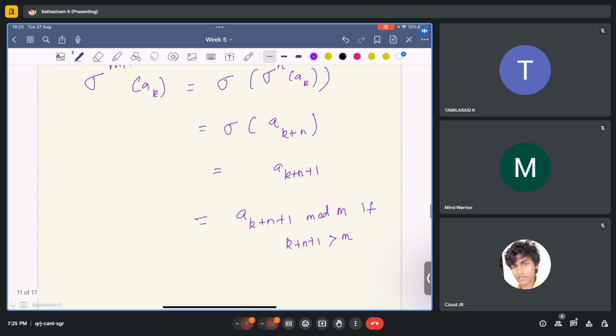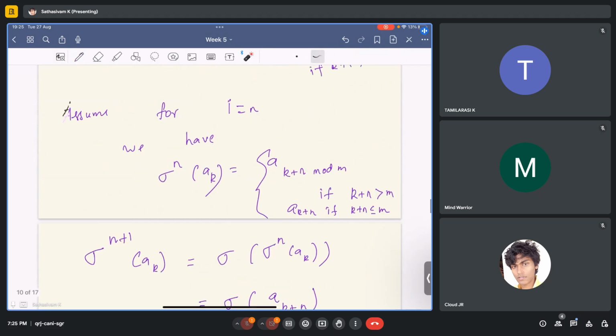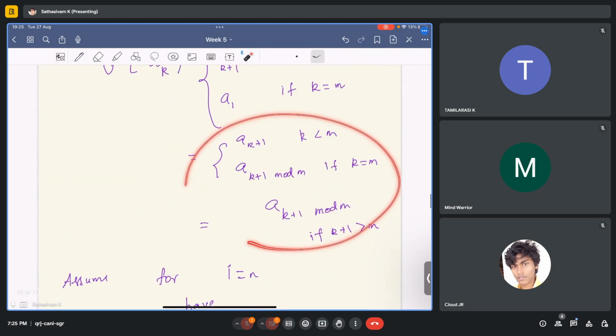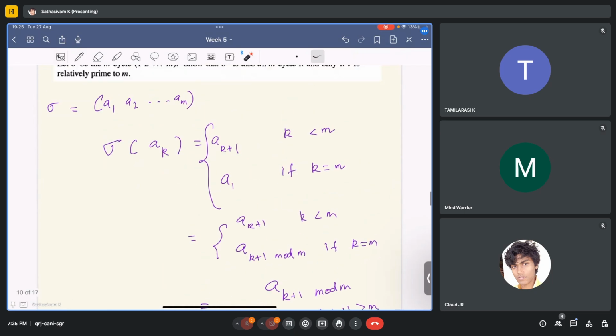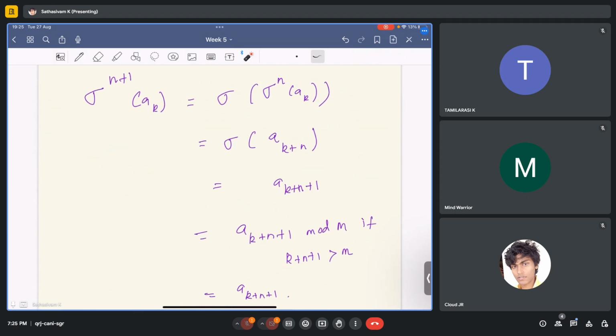Otherwise, it's the same element. So the mod statement follows directly from this. For the base step, we did the same thing. So by induction, the proof is done.